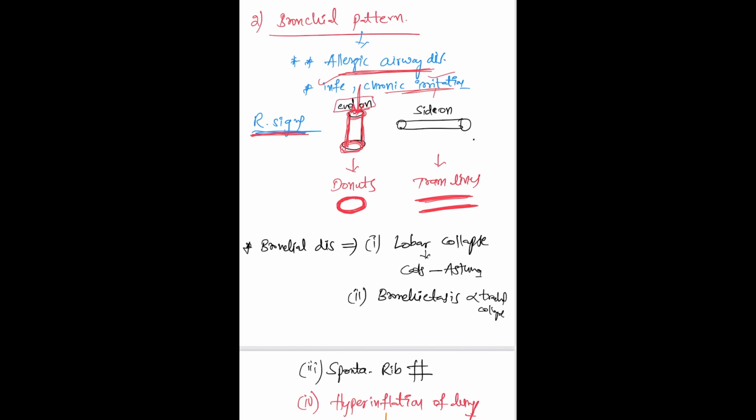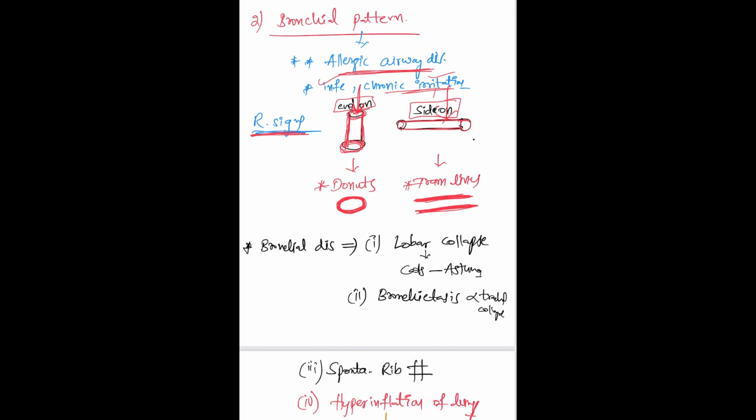There is one more projection called side-on. Side-on means the X-ray is coming from above and the bronchi is like this. Then we will get this structure, the outline of the side-on projection. Technically we call this a donut and this tram lines.